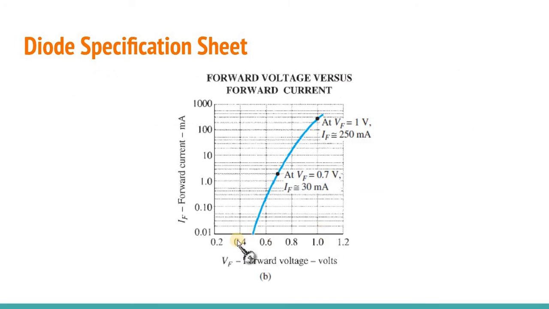So, if you look here, at V sub F, forward voltage equals 0.7 volts. The forward current is approximately equal to 30 milliamp. And then at forward voltage equals 1 volt, the forward current is approximately equal to 250 milliamp.